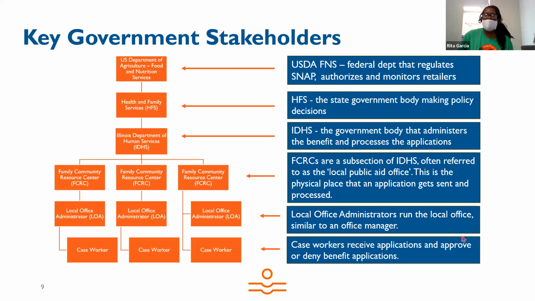This is the physical place an application gets sent to and processed. Then you have the local office administrators, the LOA, who run the local office similar to an office manager. And then you have the caseworkers at the very bottom rung. The caseworkers receive applications and approve or deny the benefit applications based on the requirements.